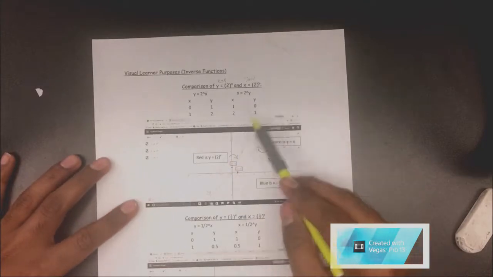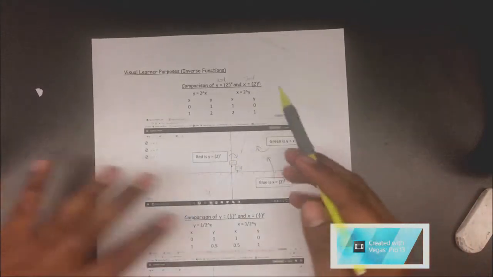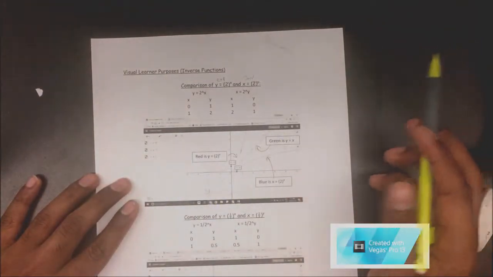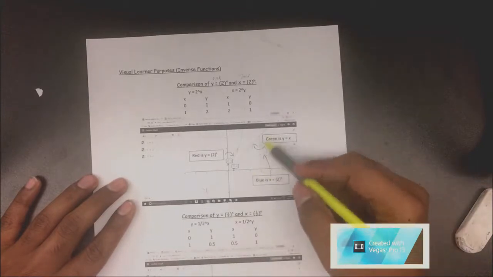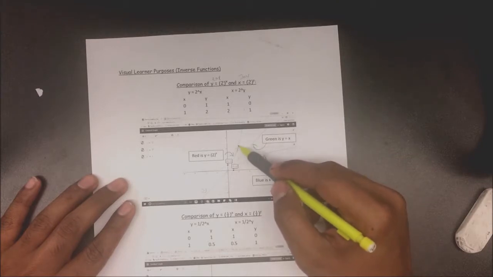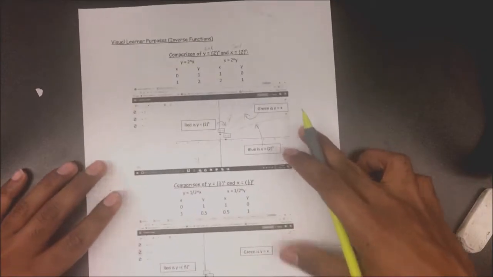The point is, if you have a function and you find the inverse of it and you plot it, they're always mirrors of each other over the line of y is equal to x. So if you want to write that down, they are always reflections of each other. If you find the inverse of this, you're going to get that again. You find the inverse of that, you get this, okay? And y is equal to x, you get that.